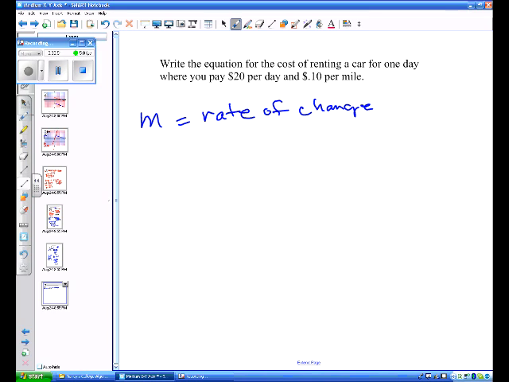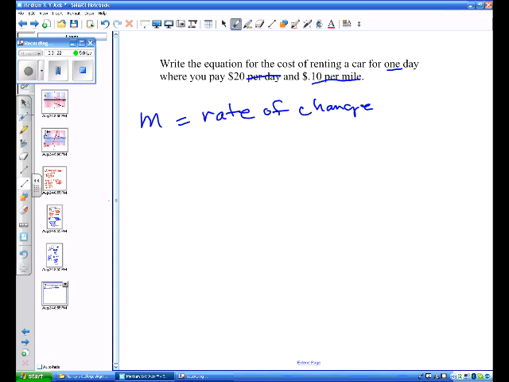Usually that's written in a way of so much per day or per mile or per hour, per cent. These are things that deal with rate of change. So if we look at this, it talks about $20 per day, but we're only renting it for 1 day. And so we're going to pay $20. And so that per day doesn't really matter. If we were going to rent it for more than 1 day, then we might have to deal with that. But we're only renting it for 1 day.